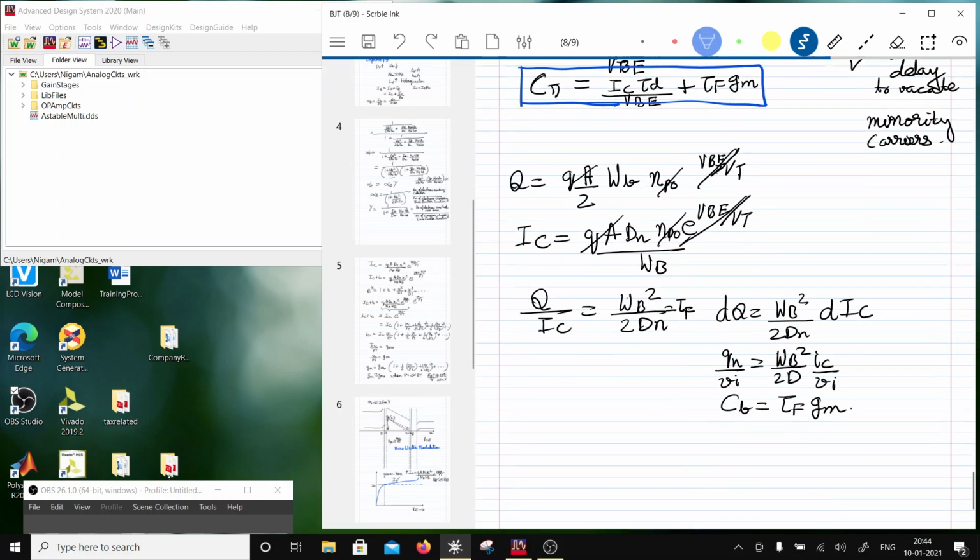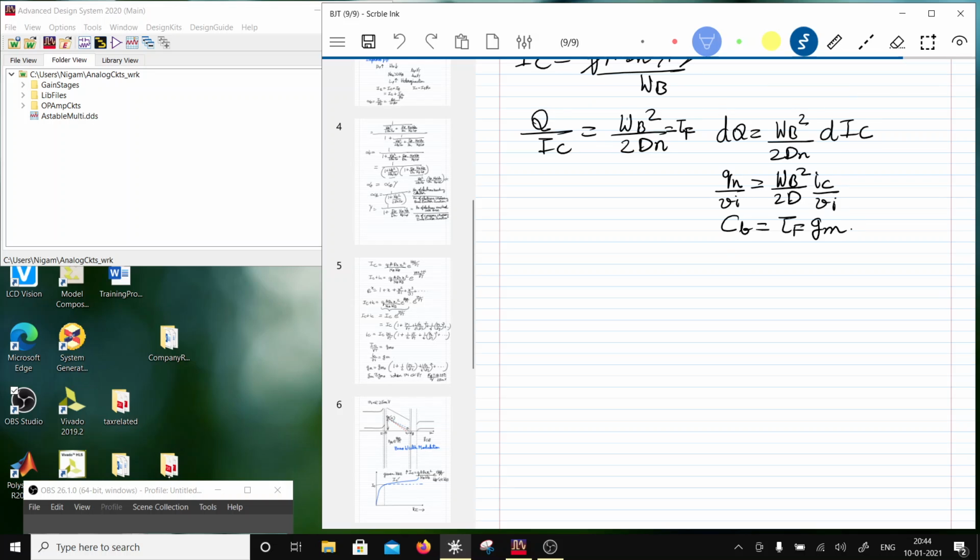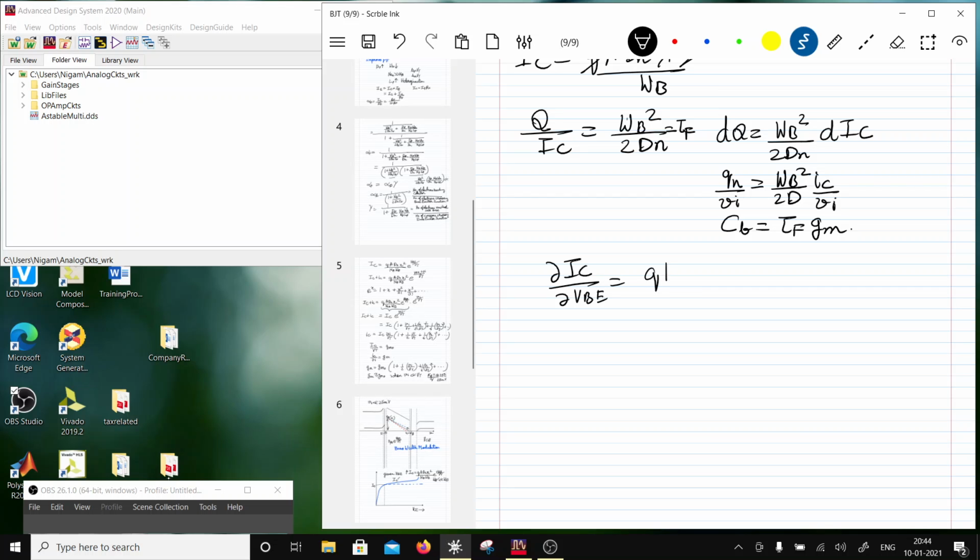GM, transconductance GM. Transconductance GM will be given by dou IC by dou VBE, and that's very simple. It's going to be QA Dn Ni squared over NaWb, e raised to VBE over VT.